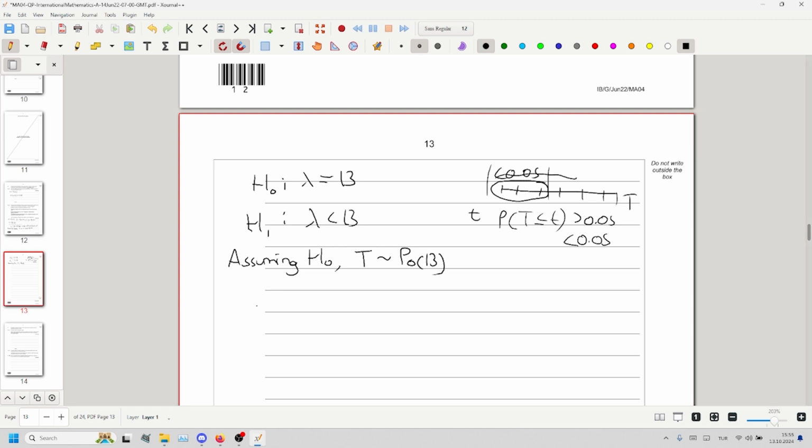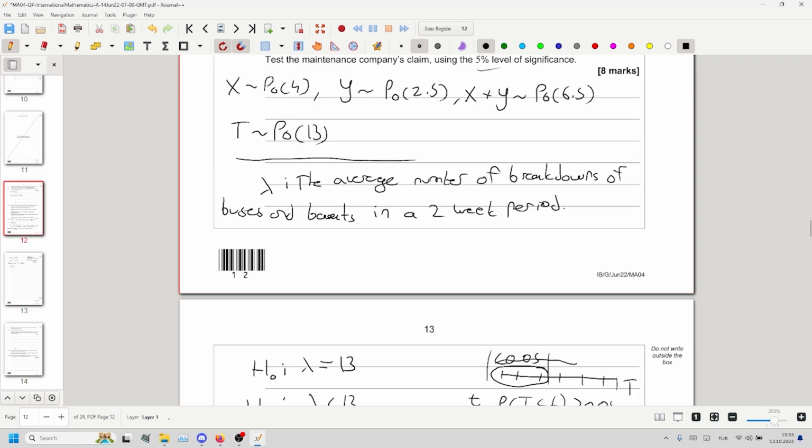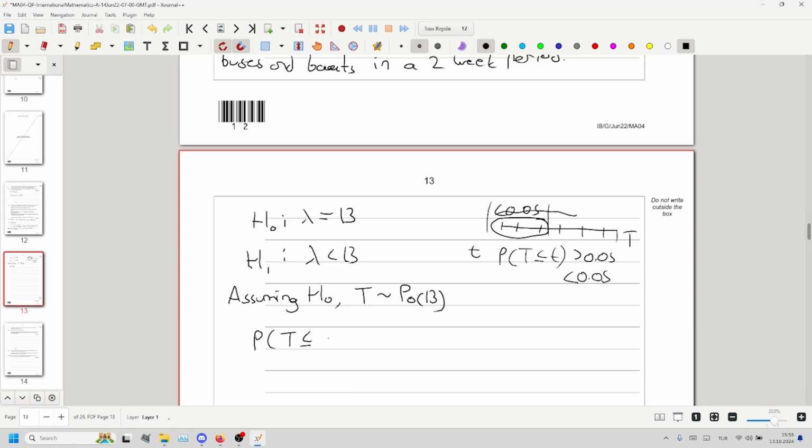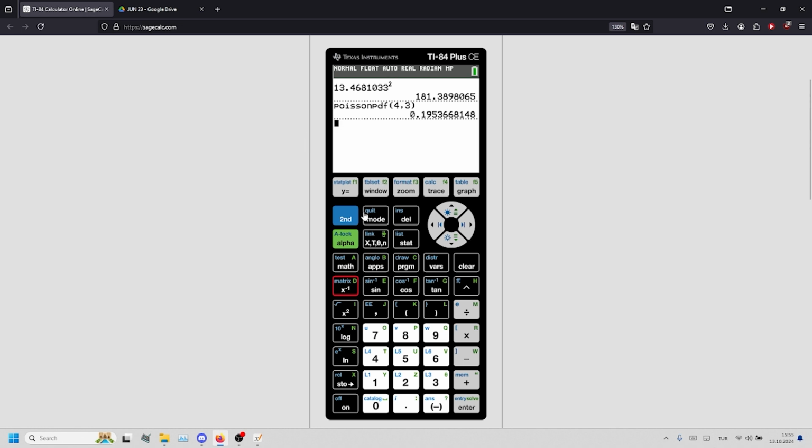So now we need to test that. So the probability that T is less than or equal to our test value. Our test value is 7. There have been 7 breakdowns of boats and buses, so it's less than or equal to 7. This is simply the Poisson CDF of 7. So let's quickly check that.